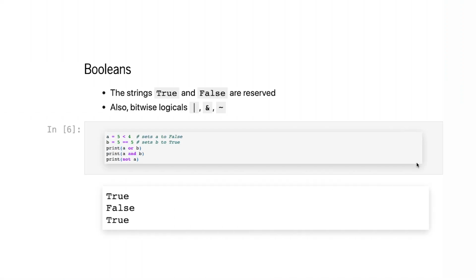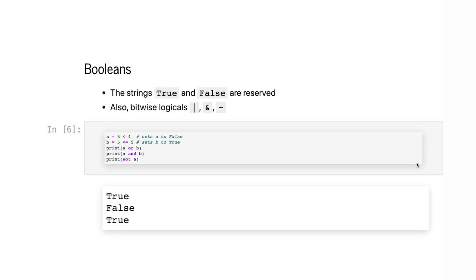So Boolean operators work pretty similarly to how you expect Boolean operators to work in most languages. One caution I would say is that when we get to more advanced data science topics, we'll often want to do Boolean operators pointwise without actually having to loop over variables.